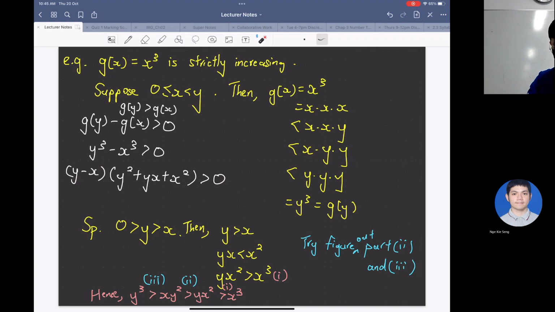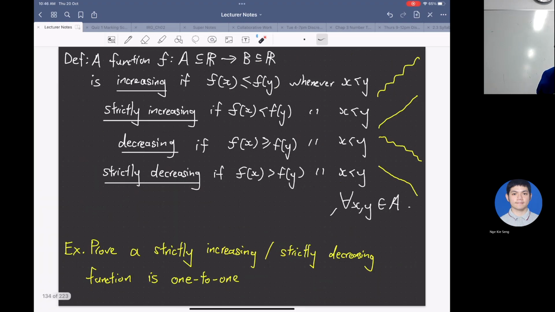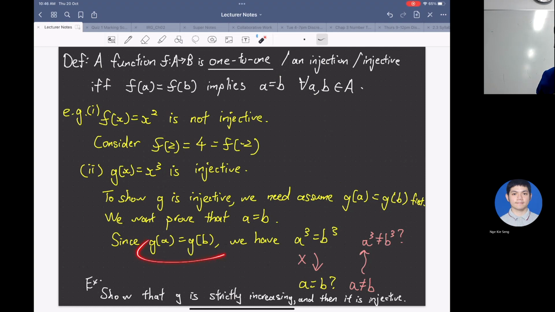You also can do it this way. I think this one also works for negative, if not wrong. Actually, this factorization, you can also use it to show this directly.